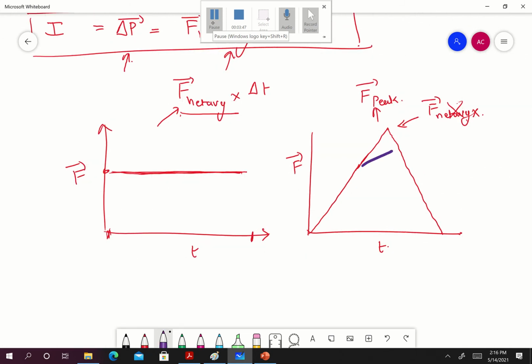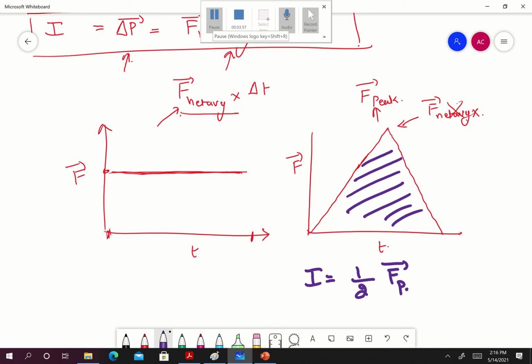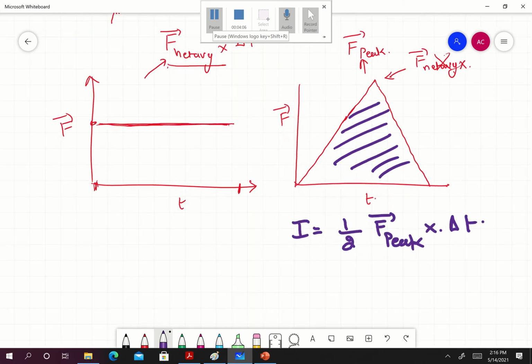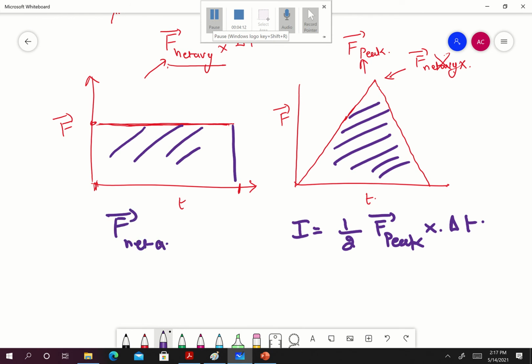The area under this graph will be the area of a triangle for this type of scenario. So impulse will be equal to half times F peak times delta t. So the formula keeps on changing. For the previous one it was F net average times delta t. So basically it depends upon what's given to us.